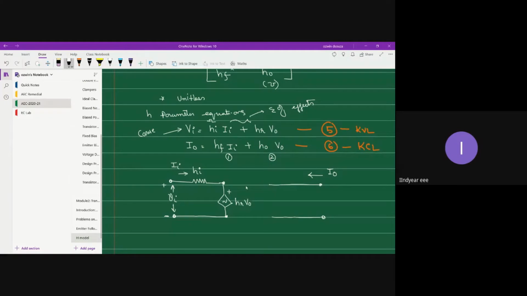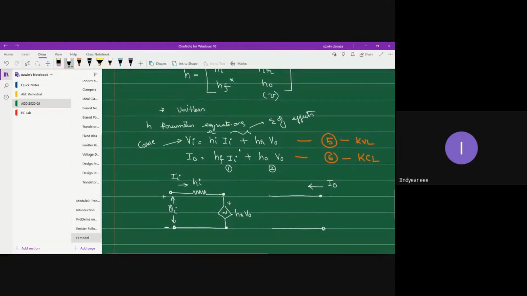Now if you look at the first component, you have HF into Ii. As I have already told you, HF, see the star mark, is unitless. So you're multiplying a dimensionless entity with the current, so it is some dimensionless gain into current. So this represents a controlled current source. So we'll mark the controlled current source.